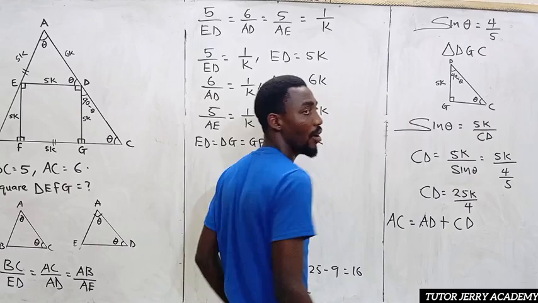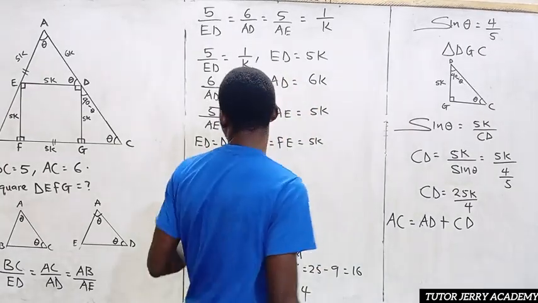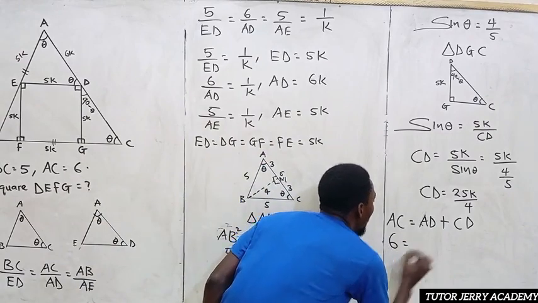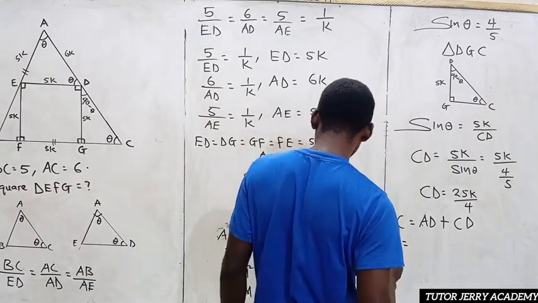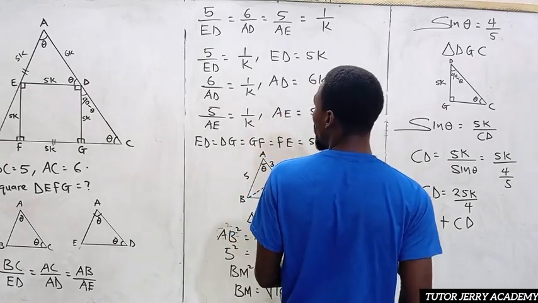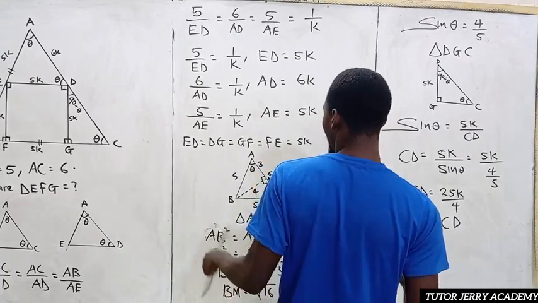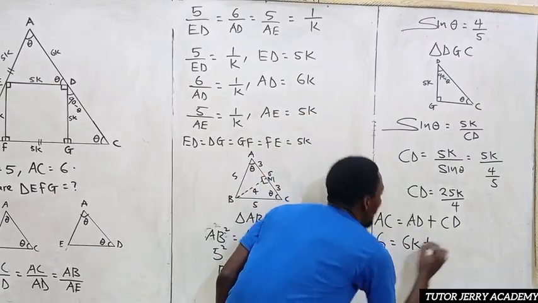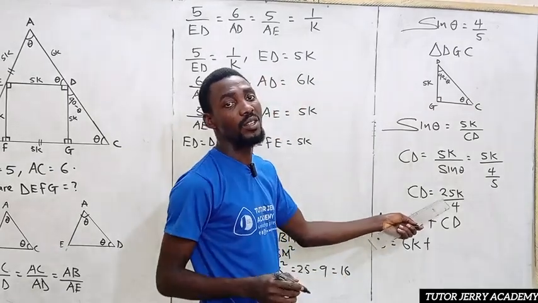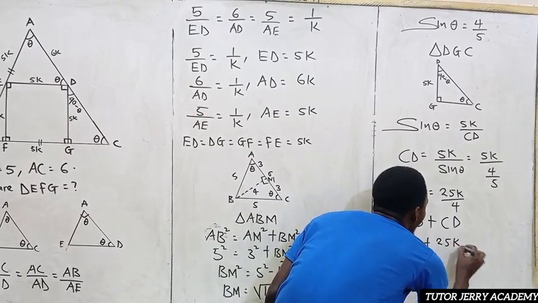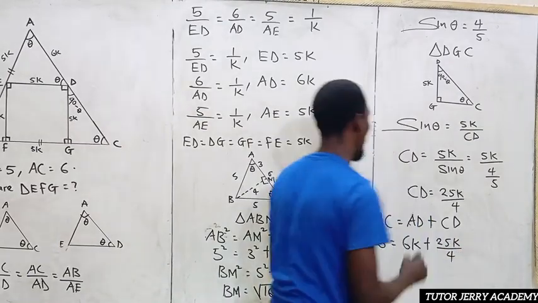Now we know that our AC is nothing but 6. So it's going to be 6 equals AD plus CD. And our CD is 25K over 4.